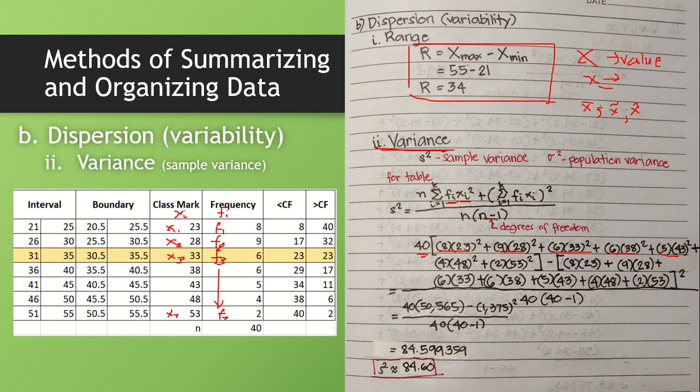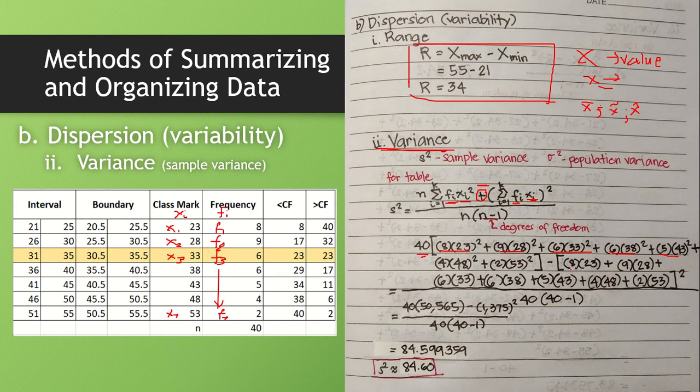After, okay, we will subtract it. Sorry for that, this is actually minus. Then after, we will subtract it by the square of the sum of the products of the frequency and the class marks, which means we have to sum up all of the products of the frequency and the class mark, then raise them to power 2.